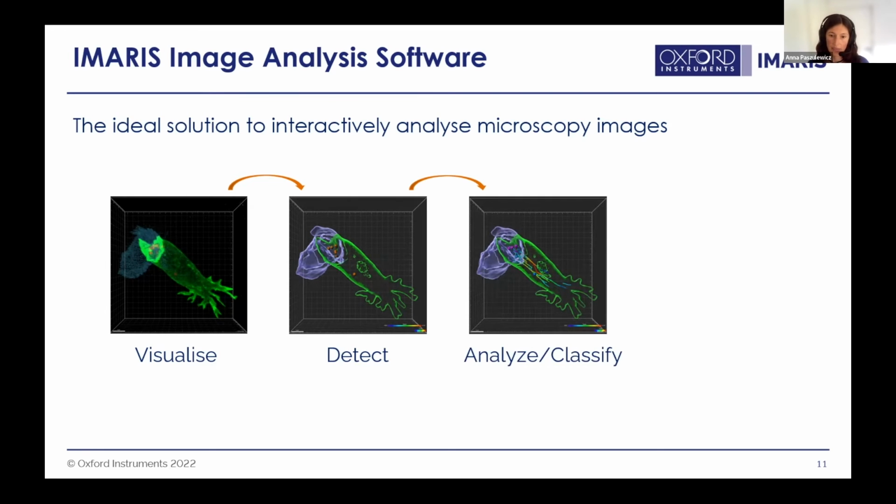So you can classify objects for being inside or outside the structure. You can classify the objects for changing the intensity, which also enables you to create the events of interest in the time-lapse data.